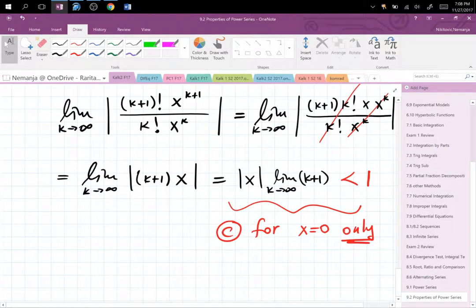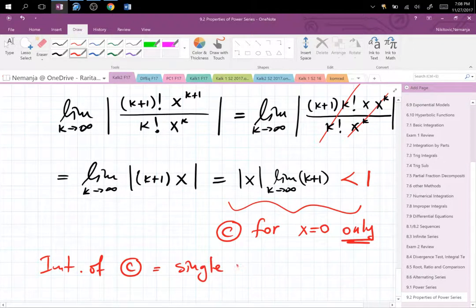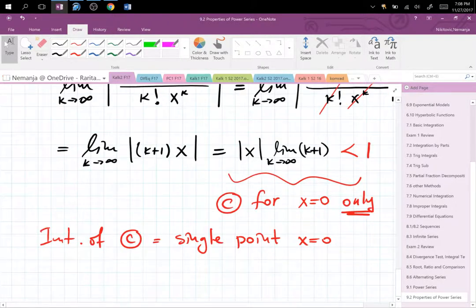Now that means that my interval of convergence is a single point, x equals 0, and radius, obviously, of convergence is equal to 0 because everything happens at this one point.